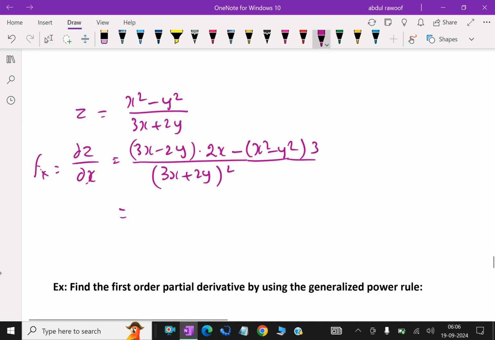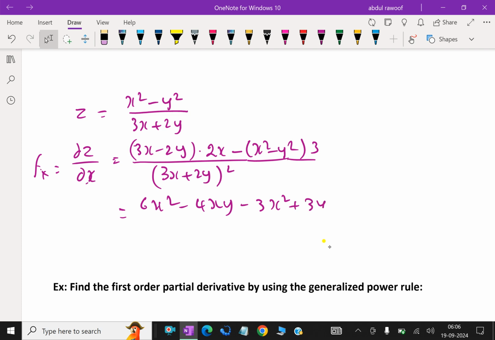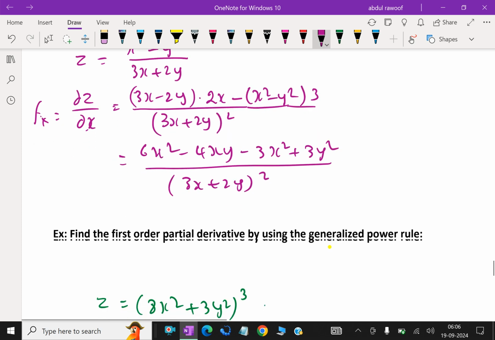Then we have 3x into 2x is 6x square minus 4xy minus 3x square minus minus plus 3y square over 3x plus 2y square, which is further equal.